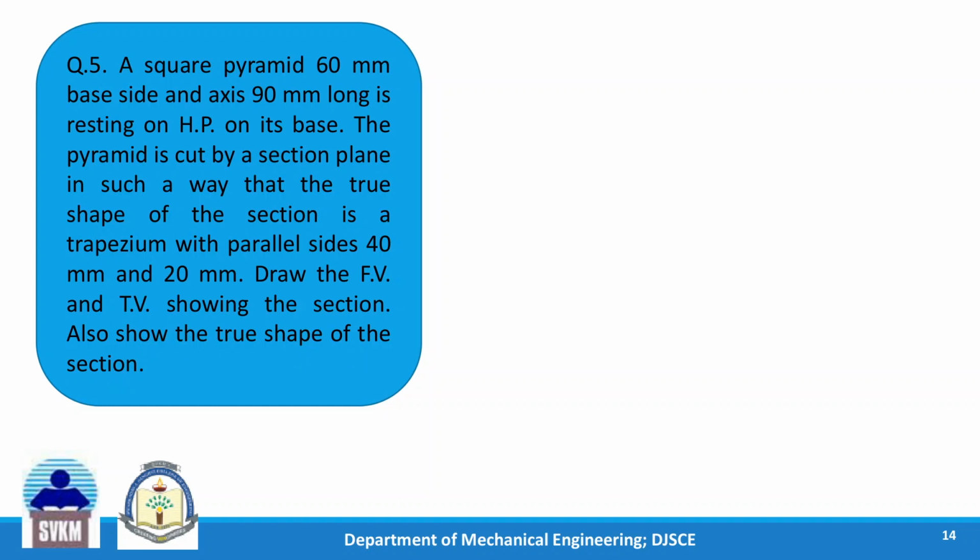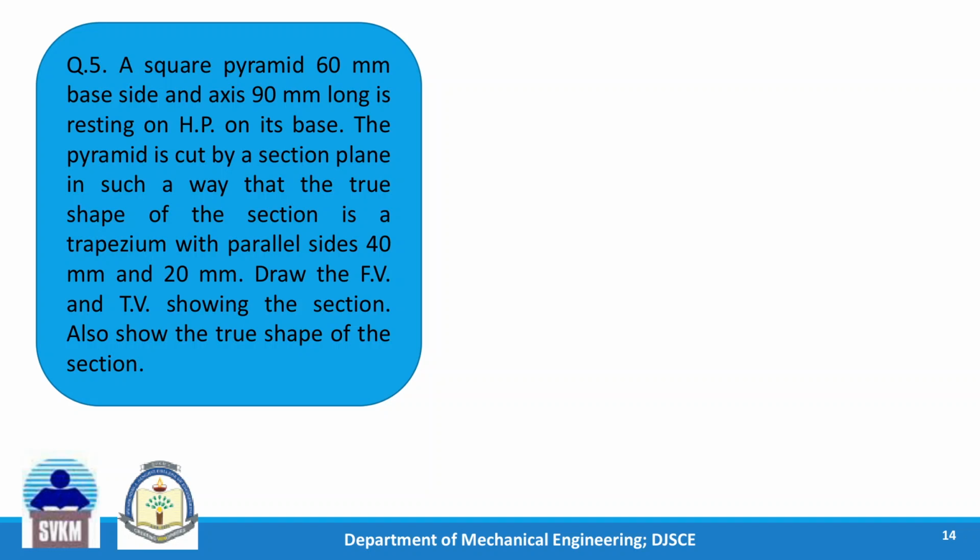Now listen here, the thing is that they have not given directly the inclination of the cutting plane as well as the positioning of the base edges with respect to VP. That is not directly given, but what they have said is that it is being cut by a cutting plane in such a way that the true shape of the section is a trapezium.